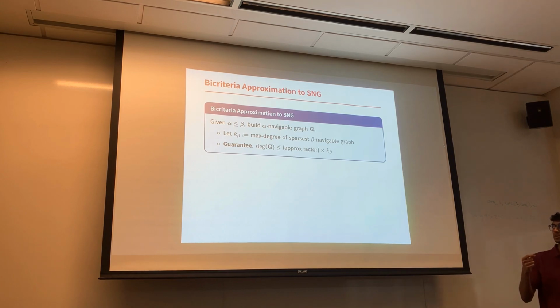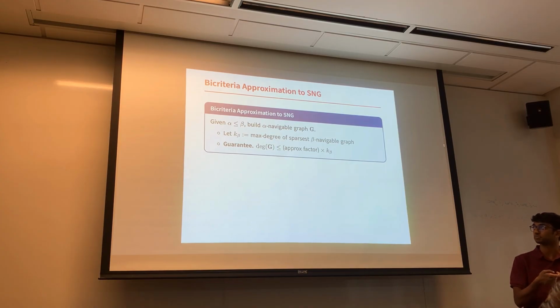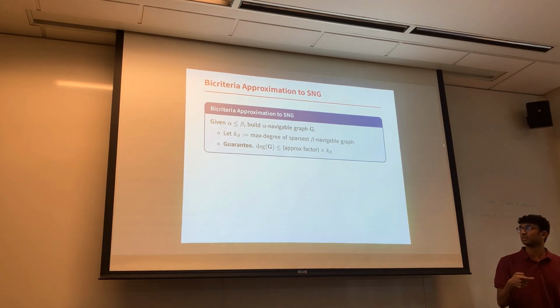I'm going to let k sub beta denote the sparsity of, or the maximum degree of, the sparsest beta navigable graph. And this could be potentially much larger than k sub alpha, because beta navigability is a stronger condition than alpha navigability. And the guarantee I'd want to satisfy is that the degree of my graph is not too much larger than k beta.